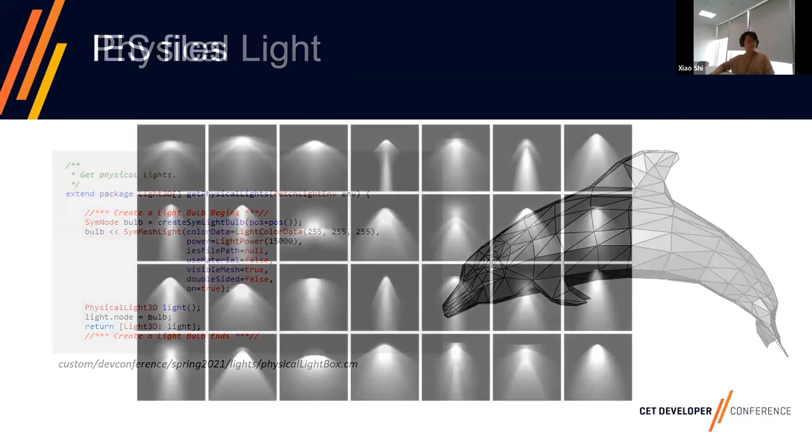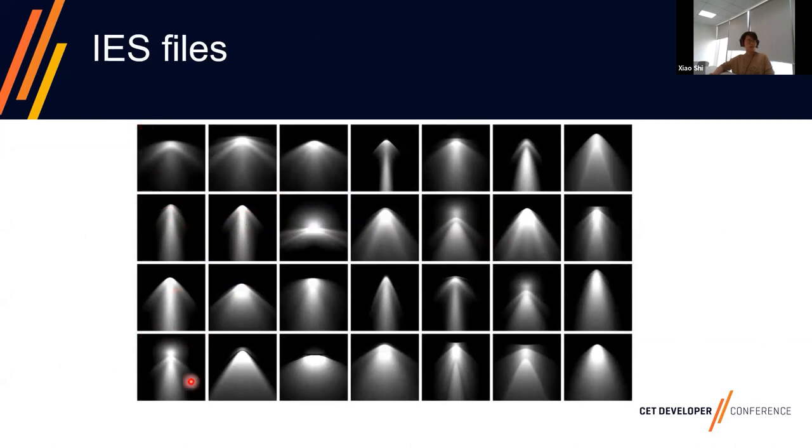And here is actually the IES file that I just mentioned. Before, in the OmniLight3D and the SpotLight3D, we could control the shadow by the code, but that doesn't turn out very nice. So right now, we offer the opportunity to pass in this IES file, and these are some of the previews of the IES files, and this will be how your light will look like.